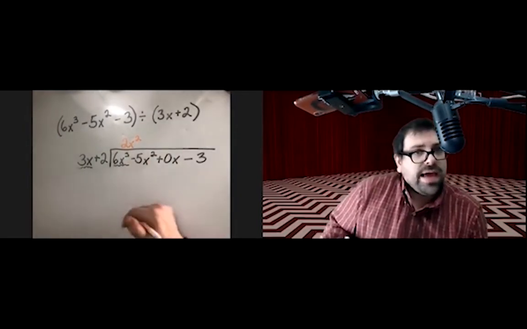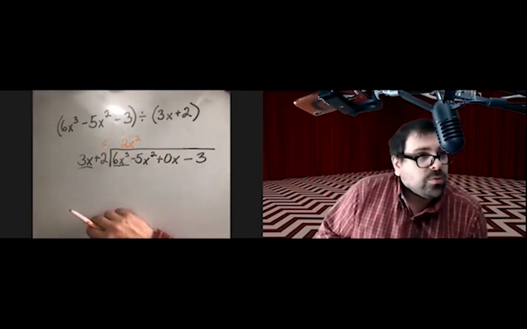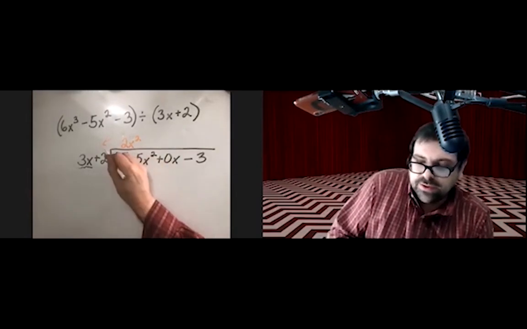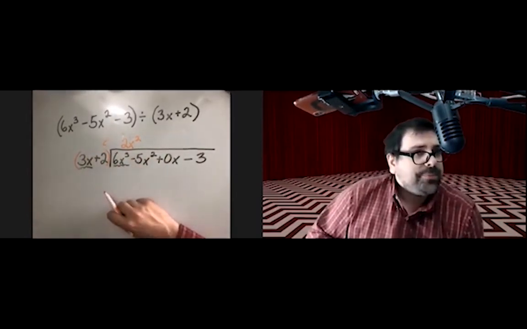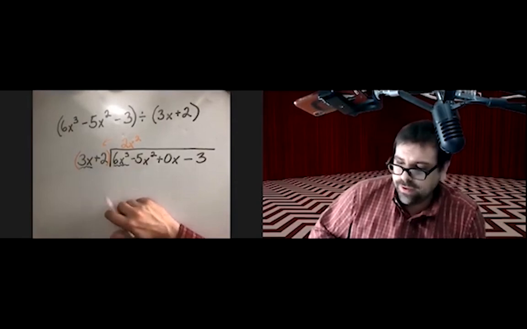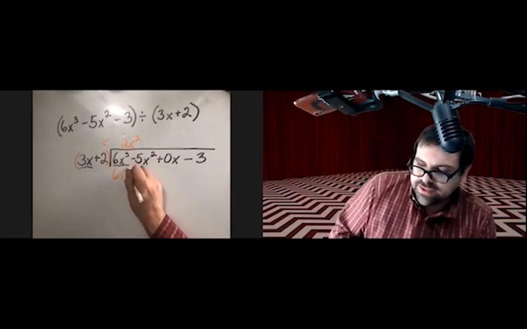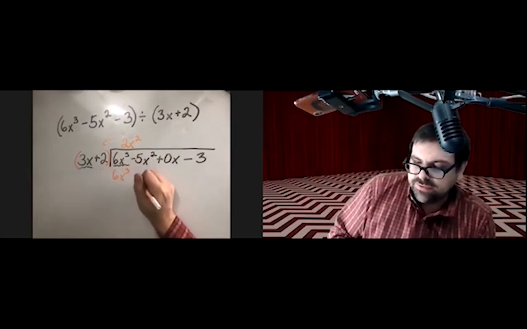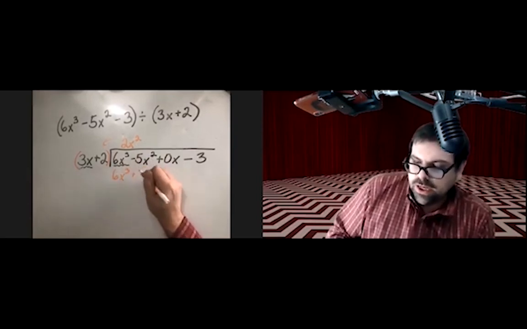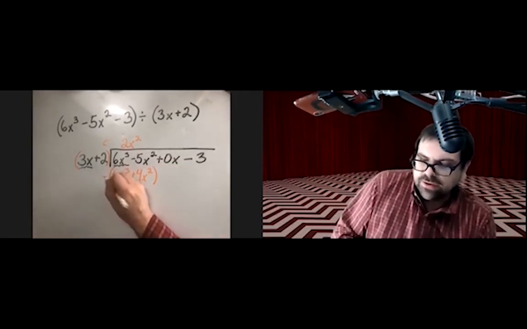And if we're right about that, that first thing will cancel out when we multiply around the corner. 2x squared times this entire 3x plus 2. 2x squared times 3x, that's positive 6x cubed. 2x squared times positive 2, that is positive 4x squared. We subtract the entire thing.